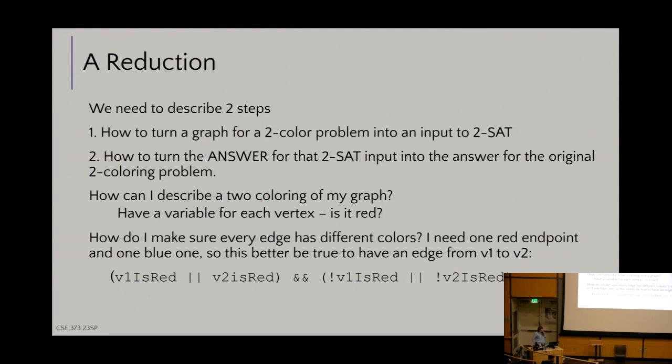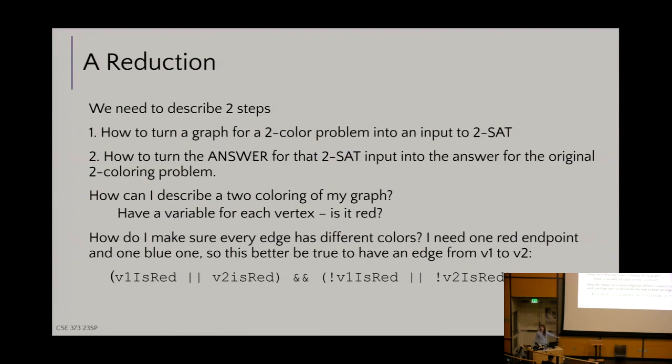So we would make this thing where we've got vertex 1 is red or vertex 2 is red and the opposite. This is just a retranslation of that sentence we had, which was, hey, the vertex on one end of the edge has to be one color, and the vertex on the other end of the edge has to be a different color. I've just reformatted it into the Boolean logic that we can plug into our 2sat problem.